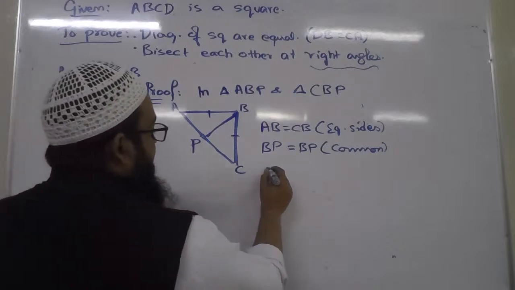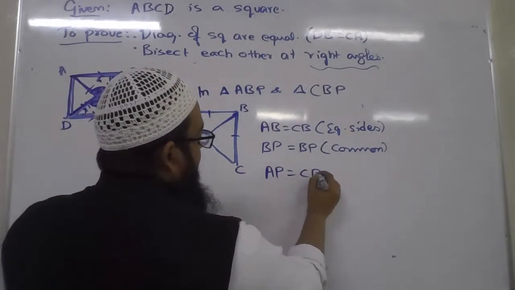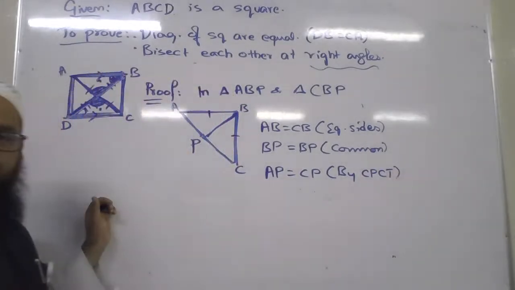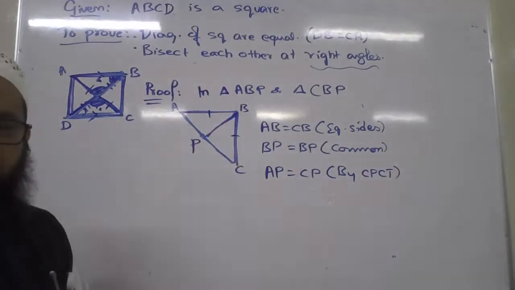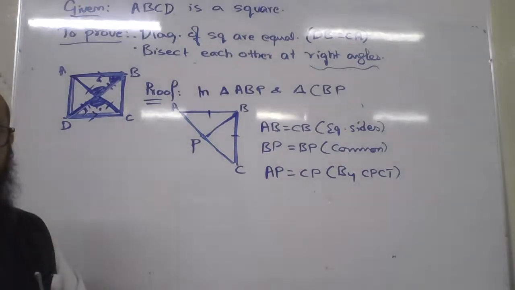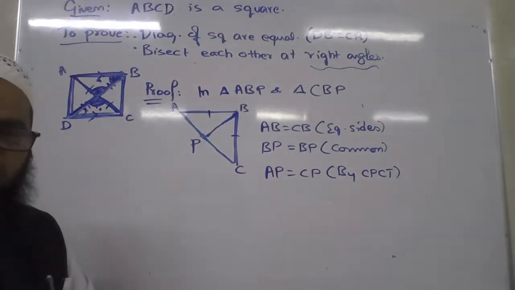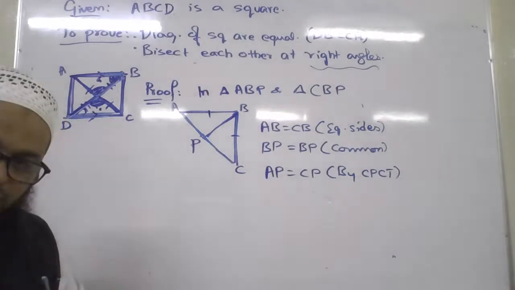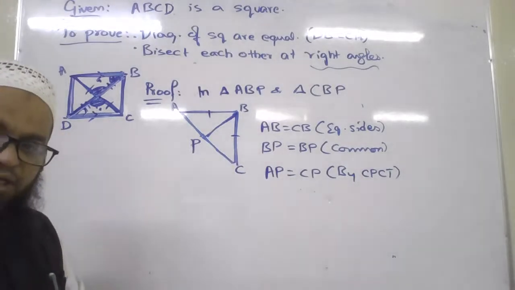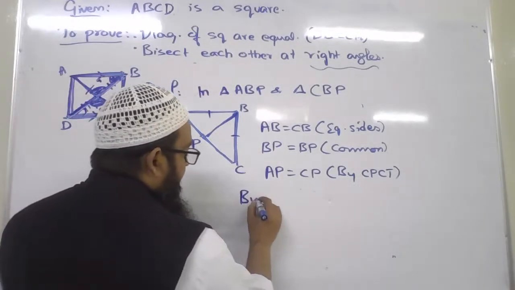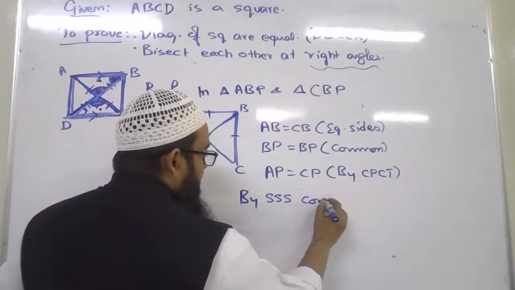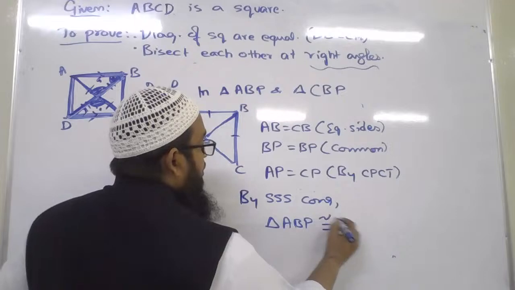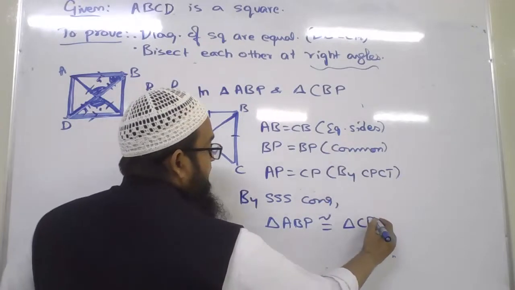By CPCT, AP is equal to CP. What is the congruency, my dear students? SSS, good. By SSS congruency, triangle ABP is congruent to triangle CBP.